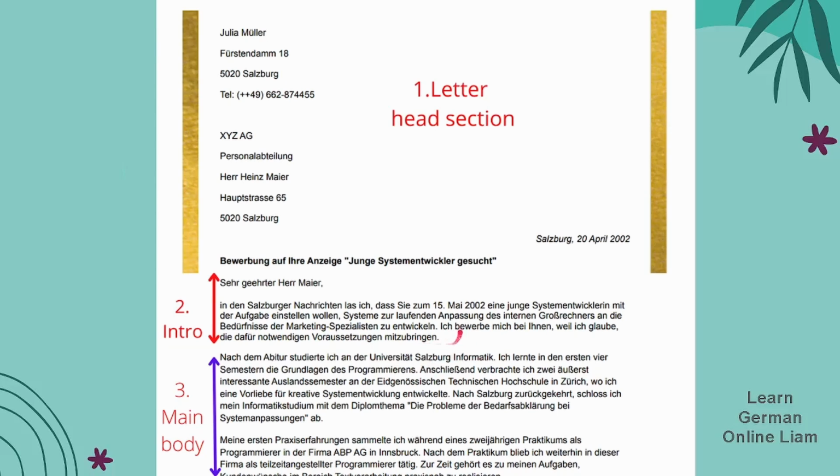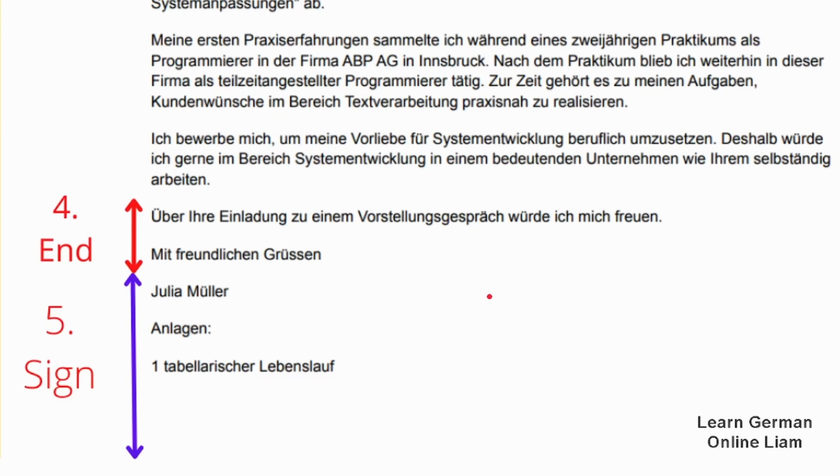Following that, you will go to the main message or the main body of the letter, where you could also write all the additional details, why you are the best fit, what are the various experiences that you have which are very relevant to the position that they are looking for, and why you are the most suitable candidate. So here the main message ends.